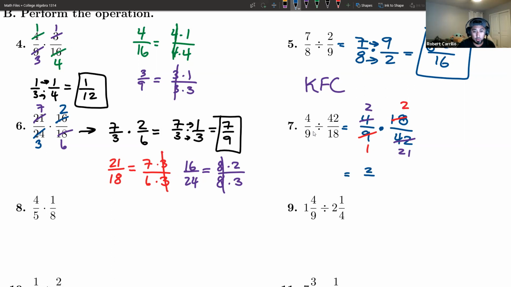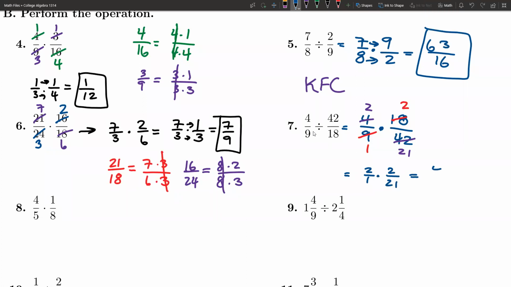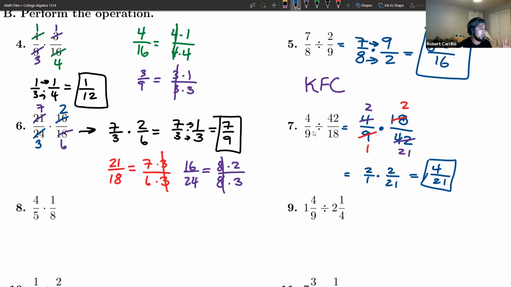We're left with 2 over 1 times 2 over 21. Now multiply straight across, and you get 4 over 21. Any questions so far on 4, 5, 6, or 7?